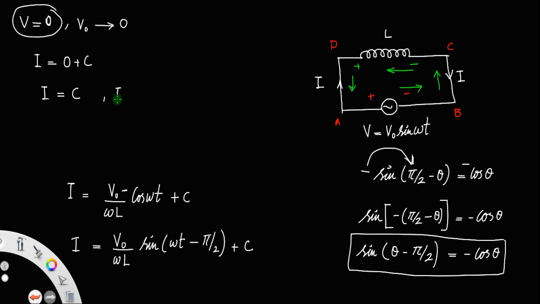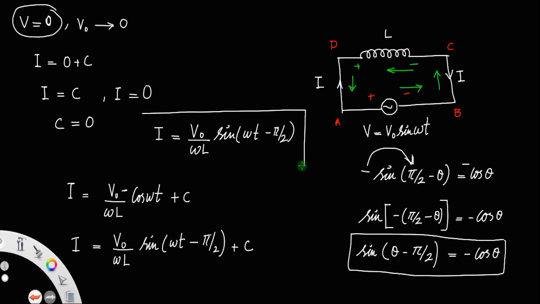So I is equal to 0 when V equals 0, which basically means the constant C is also 0. So you can write I is equal to V0 divided by omega L sine of (omega t minus pi by 2). So this is the expression for current in an inductive circuit.